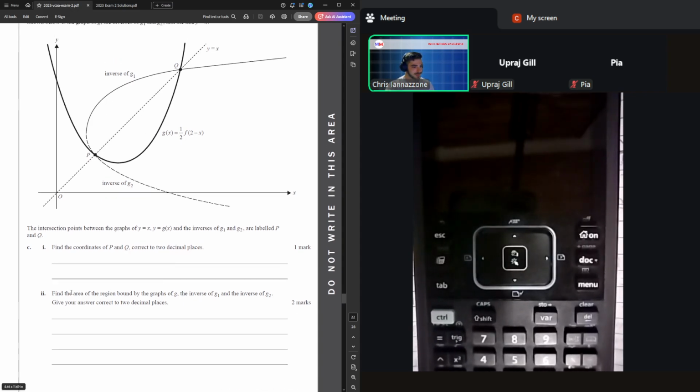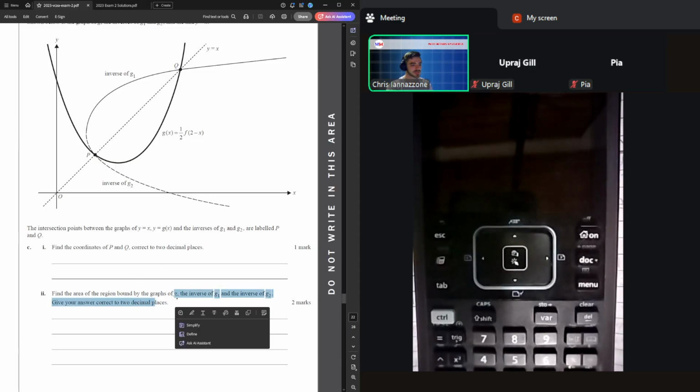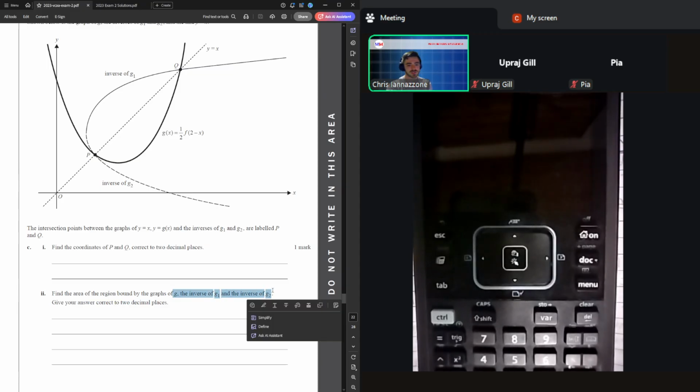Okay, you're going to be using a similar sort of thing for double I here. Find the area of the region bound by g, inverse of g1, inverse of g2. A reminder that these things that are mentioned essentially form the perimeter of your shape.